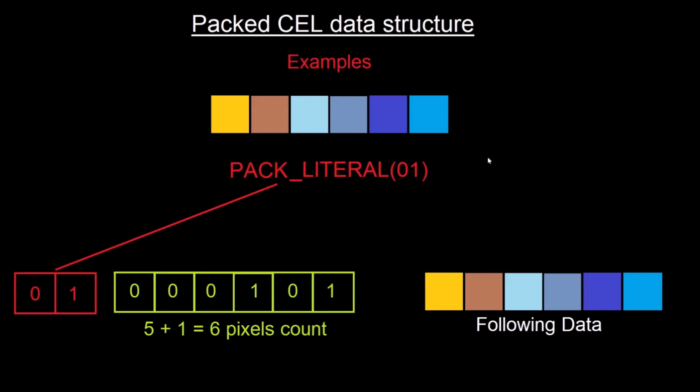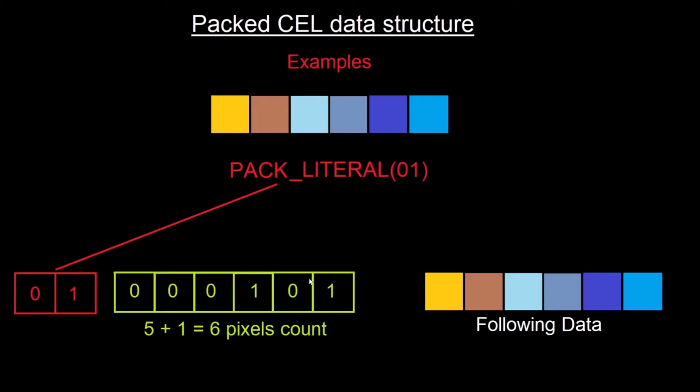So now we will see some examples. And here I have 6 pixels where every pixel is different, a different color. So the best format for that is the pack literal, of course. Which is, okay, 0, 1, this is pack literal. Then the 6 bits, this is 1, 2, 4.